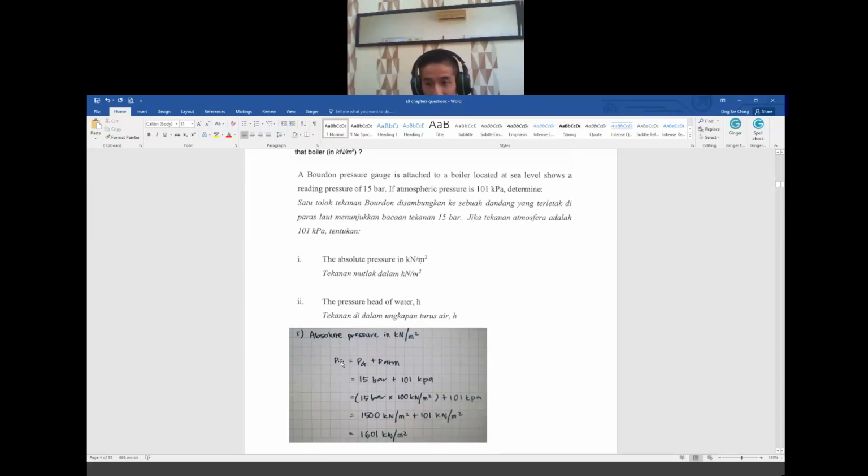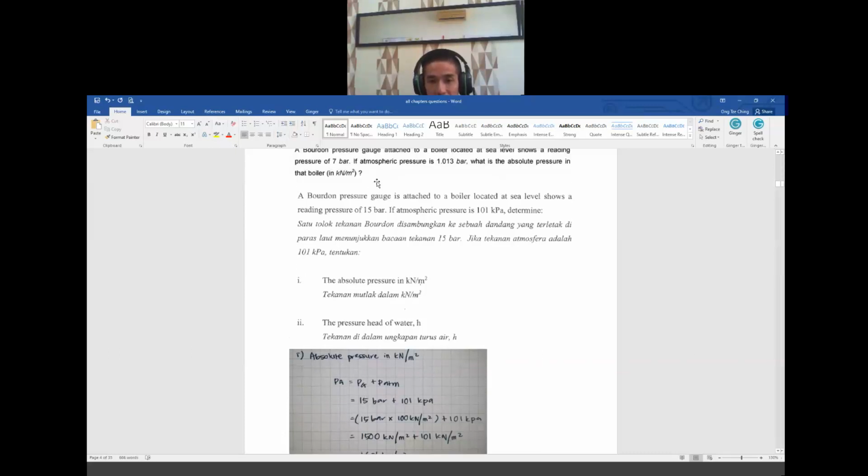The equation that your friend utilized here is PA equals PG plus P atmosphere. So I think the equation is the correct one. Then PG: any pressure reading from the pressure measurement apparatus will be the gauge pressure.